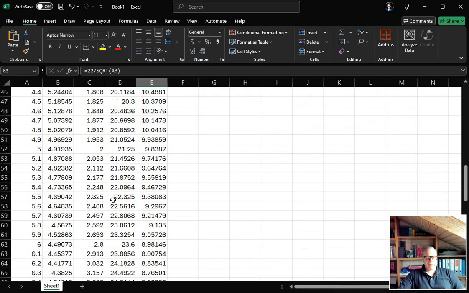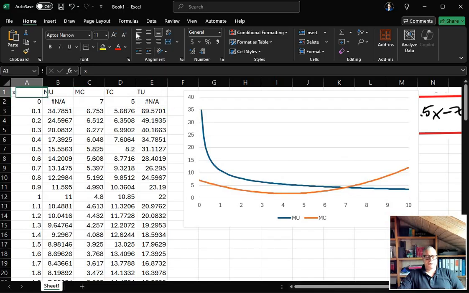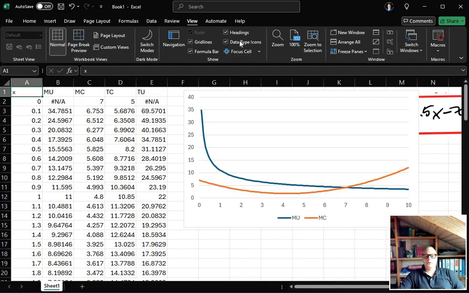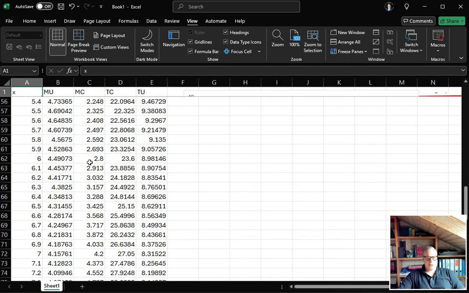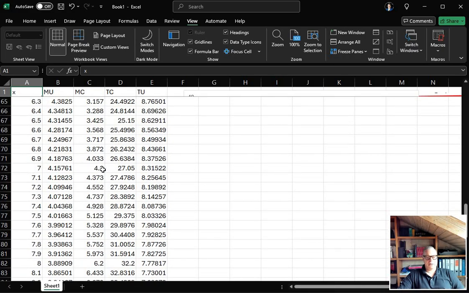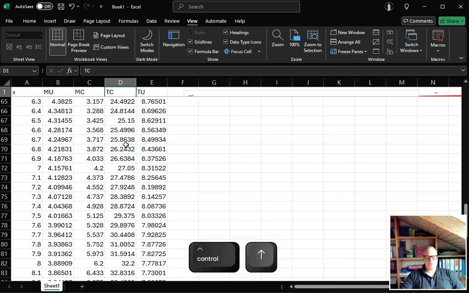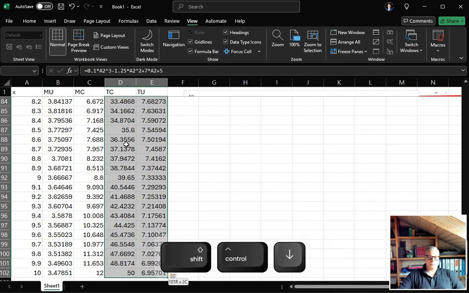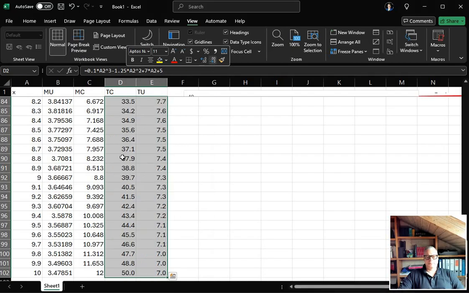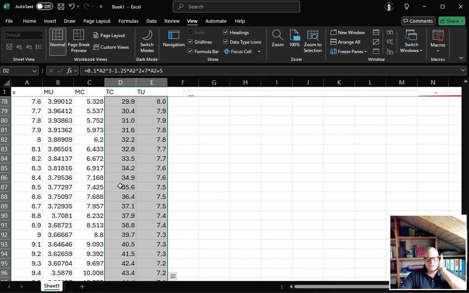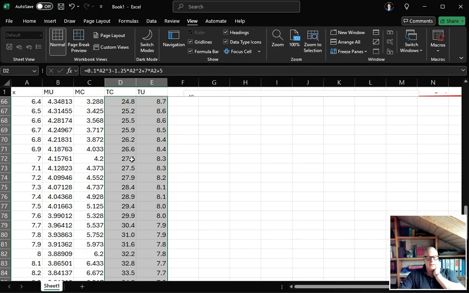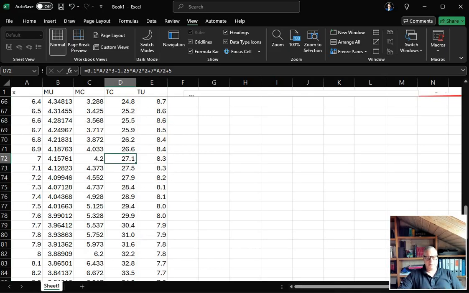So at 7, maybe we have to freeze the first pane. Maybe View, Freeze Panes, Freeze Top Row. Okay, so when we have 7, the total cost is, I think we should round to 1 digit. So, okay, then total cost at 7 is 27.1.